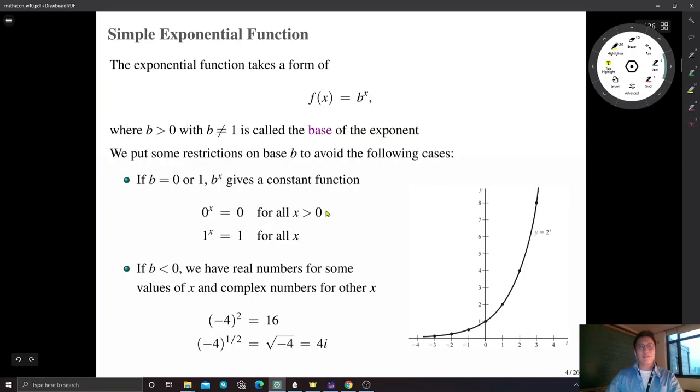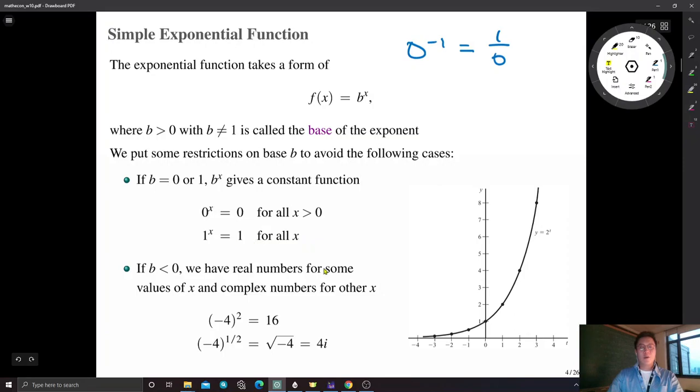When x is negative, the function is undefined, because 0 to the negative 1, for example, is 1 over 0, since a negative exponent means reciprocal. So 1 over 0 is undefined. So for negative values of x, if the base is equal to 0, the function is undefined. If the base is equal to 1, then no matter what x is, we are going to get the constant 1.